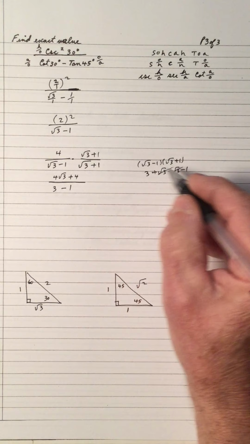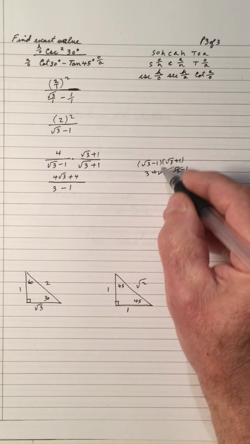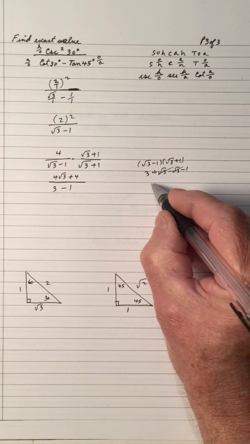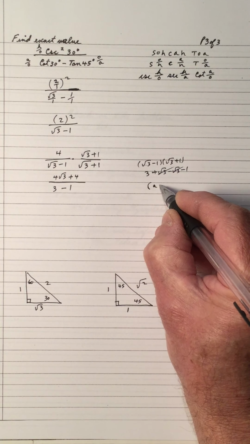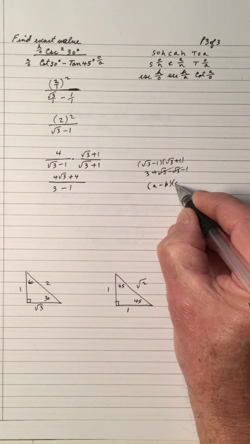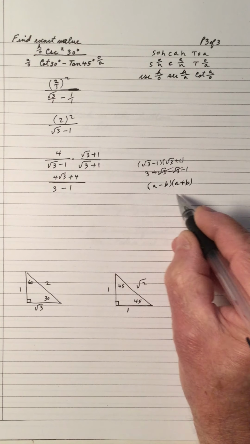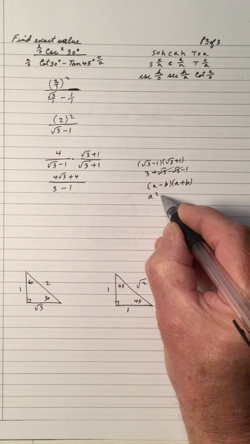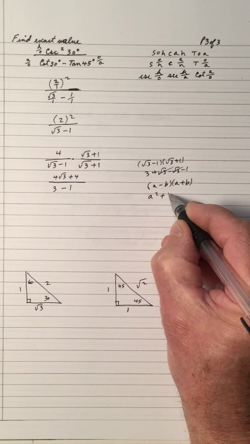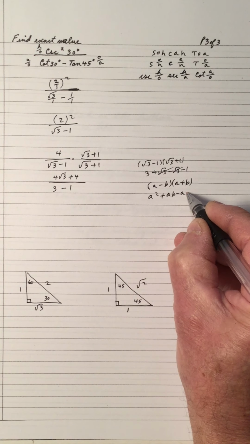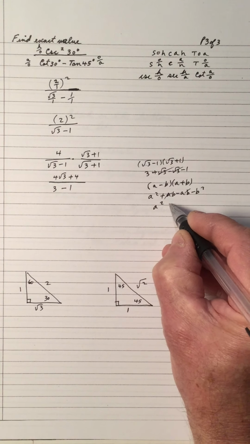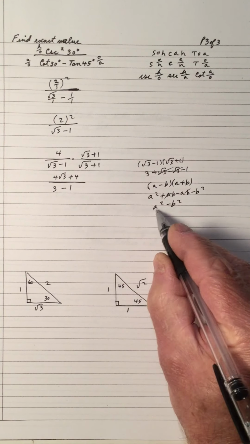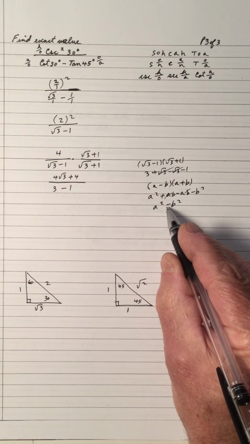But because we're multiplying these, it's like A minus B times A plus B. And that gives you A squared plus AB minus AB minus B squared. And they cancel out, so it gives you A squared minus B squared. So notice that's the difference of two squares.